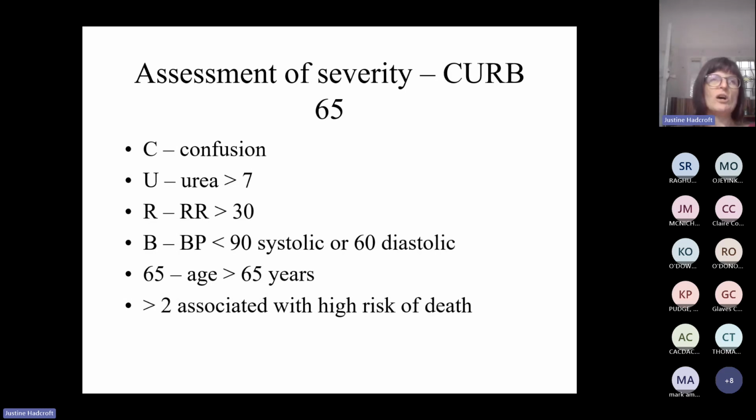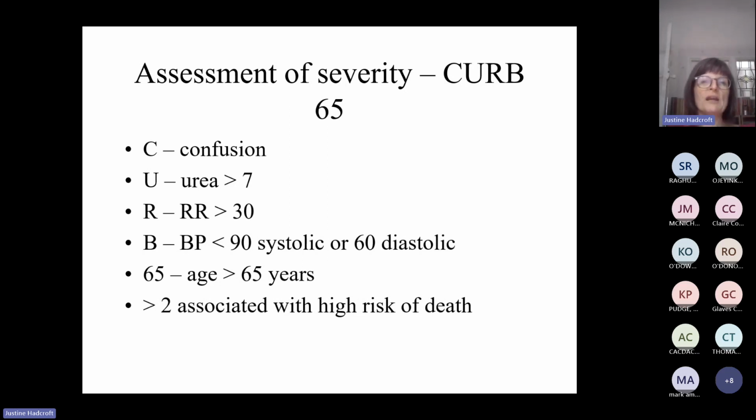In hospitals where we've got access to blood testing, we use CURB 65, and it's a 5-point scoring system that tells us how severe the pneumonia is, that predicts mortality, and that will also determine which antibiotic choice, so which antibiotic type and which antibiotic route that we should use.